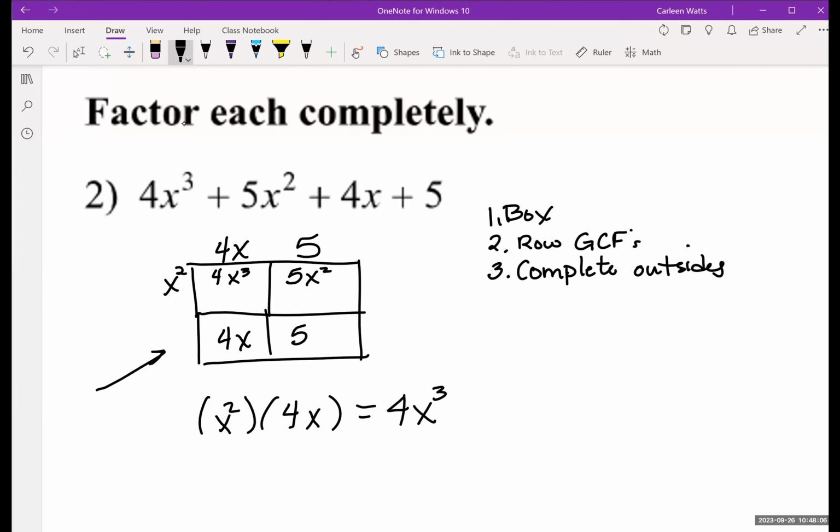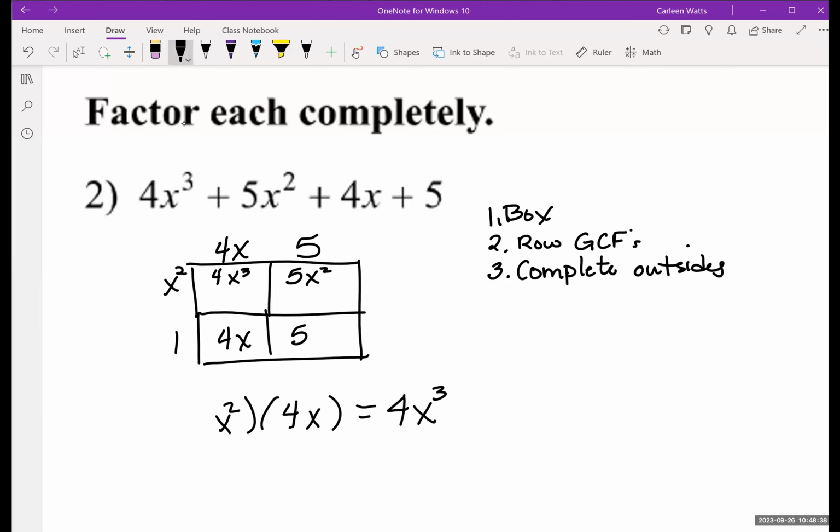Okay, how about this one? Something times 4x equals 4x. See how the outside times outside gives me the inside of the box? Okay, so what's going to go right here, Zoomers? 4x times 1 equals 4x.